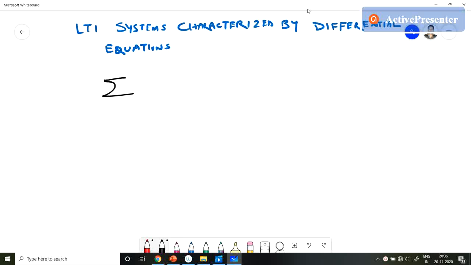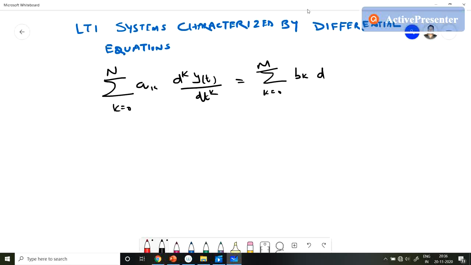So basically the linear constant coefficient differential model, if you remember that we have studied in case of Laplace transform, it is summation k equals 0 to capital N a_k d raised to the power k derivative of y(t) equals summation k equals 0 to capital M b_k, then we have k derivative of input x(t).